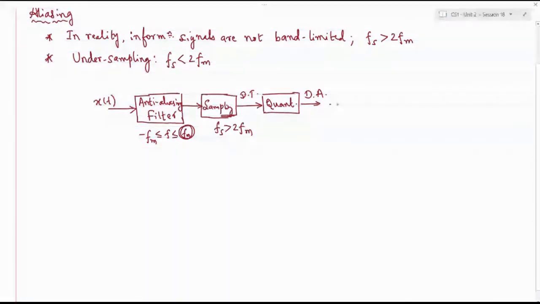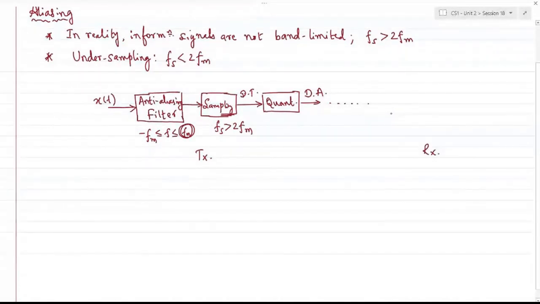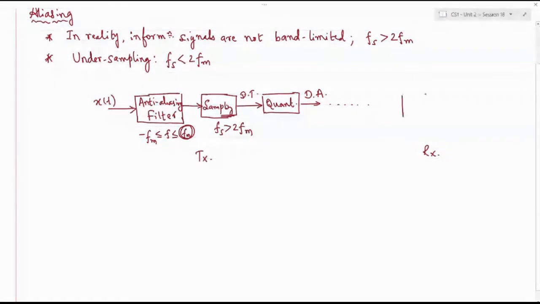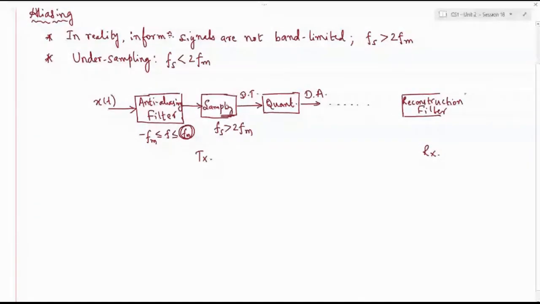So if this is the part with the transmitter, the job of the receiver is to demodulate or decode whatever is sent from the transmitter end. At the receiver end, we'll have another filter, the reconstruction filter, which will try to reconstruct the information that is being sent.